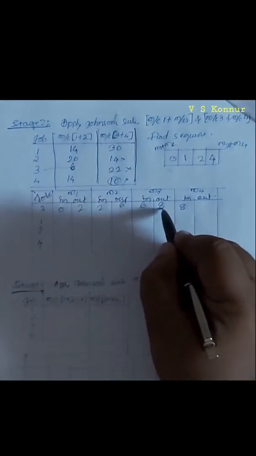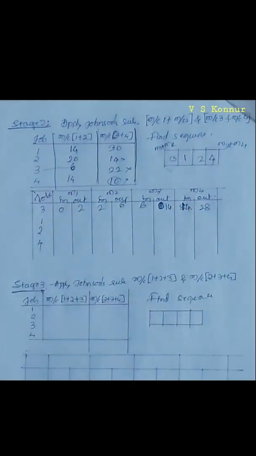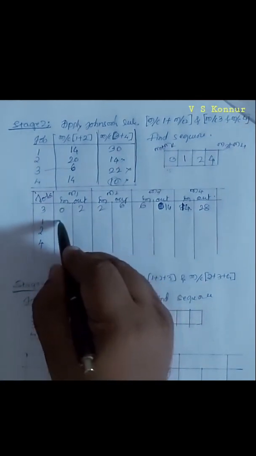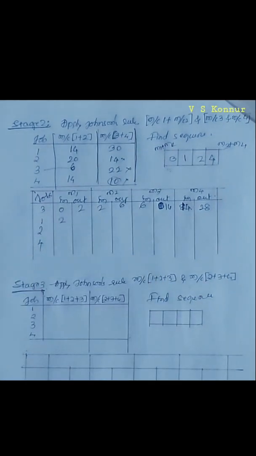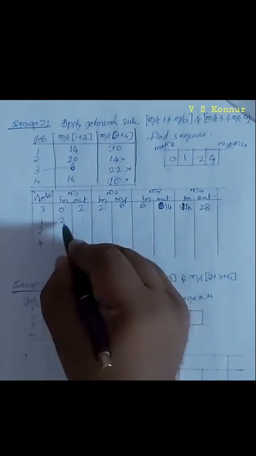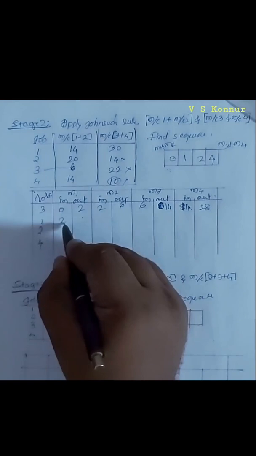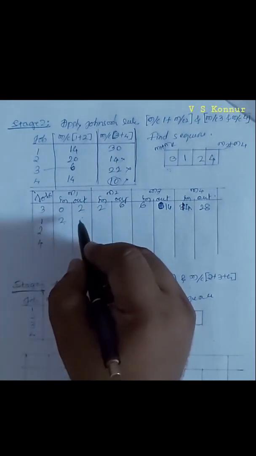6 plus 8, it is 14, and it is entering at the 14th hour and requires 14 hours to complete, so 28. So that I have missed. Then the first job is entering at the second hour, and it requires 8 hours to complete, that is 8 plus 2, 10.